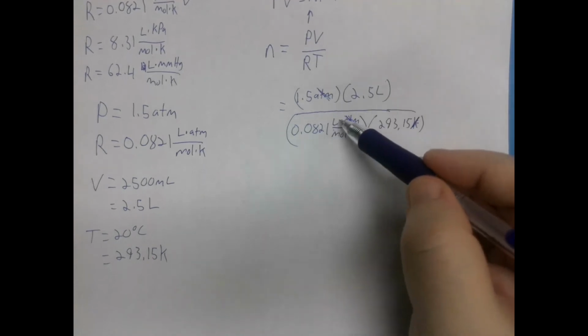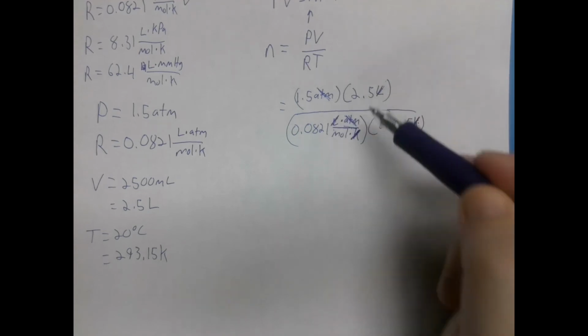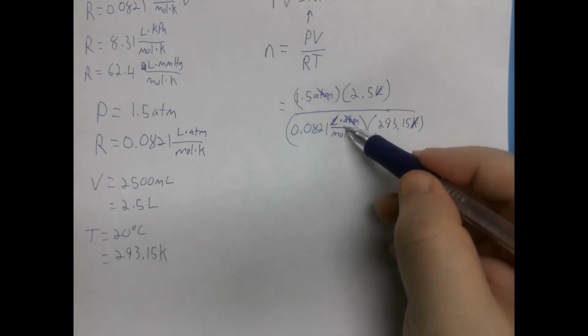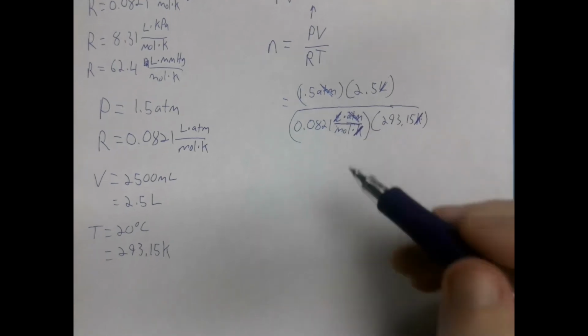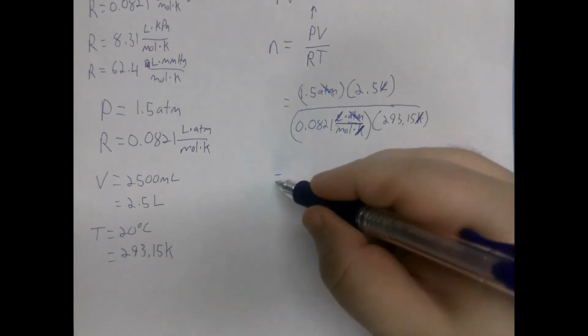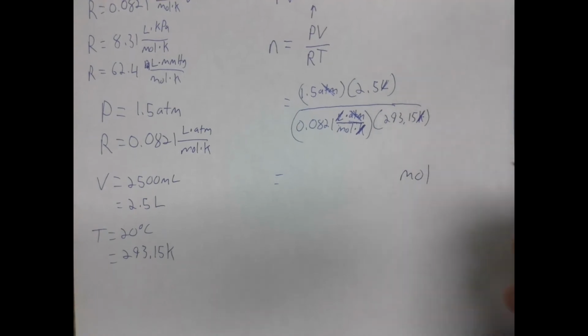A liter divided by a liter cancel each other out. And we're left with a divided by mole on the bottom. We take the reciprocal, and it gives us a mole on top. So our answer is going to be moles. That is what our equation is solving for, so we're good. The units agree that wherever these numbers should be comes out to be in moles.